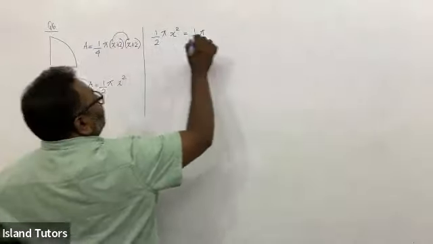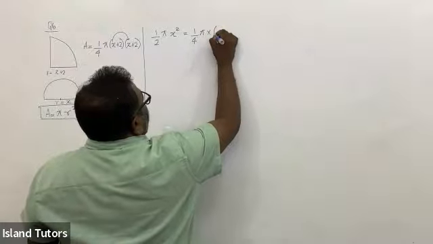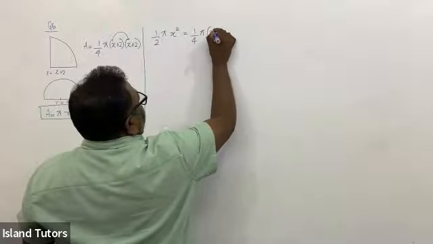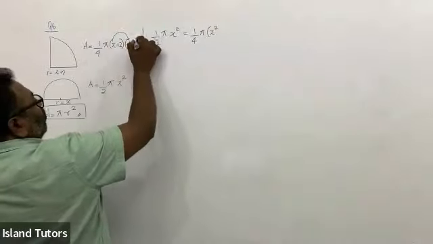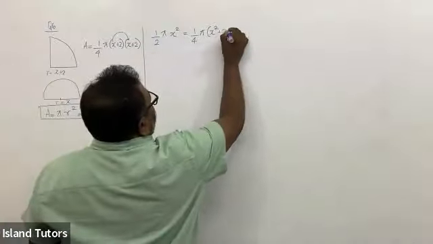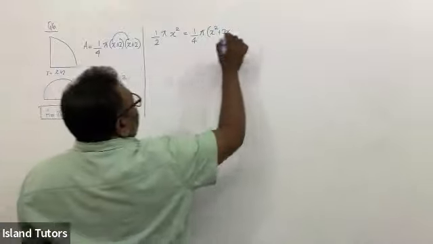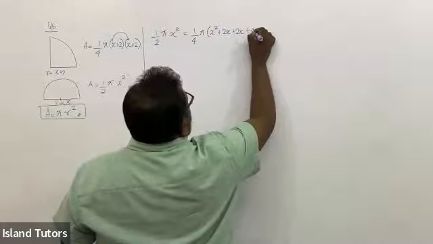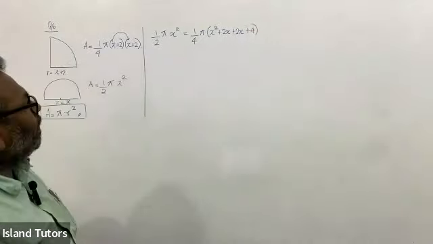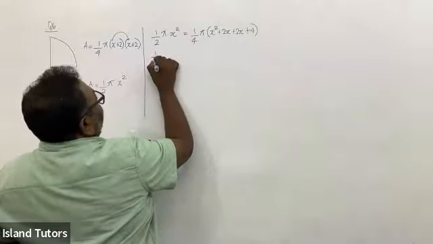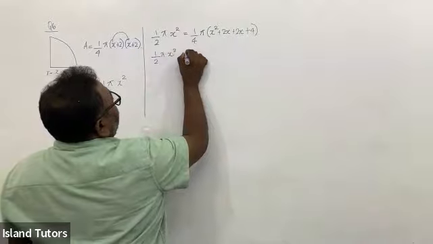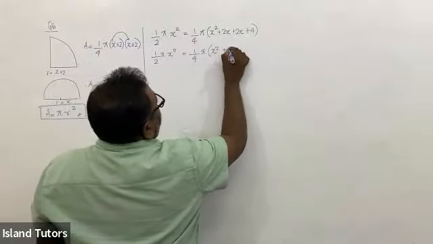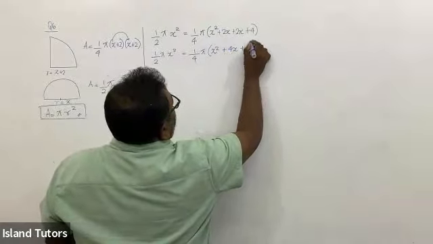X into x is x squared. X into 2 is 2x. X into 2x is another 2x. 2 into 2 is 4. So half pi x squared is equal to quarter pi, x squared plus 4x plus 4.